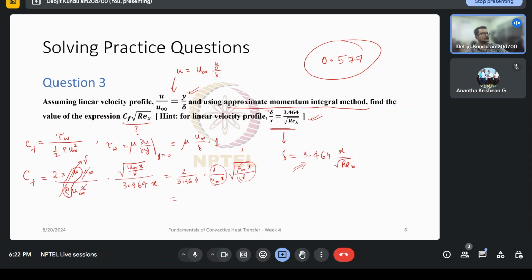And this number 2 by 3.464 gives us 0.577. And this is basically 1 over Rex into root Rex. So that should give me 1 over root Rex. And this is what CF is equal to. So with just one more step, I'll write CF into under root Rex. That should be equal to 0.577.